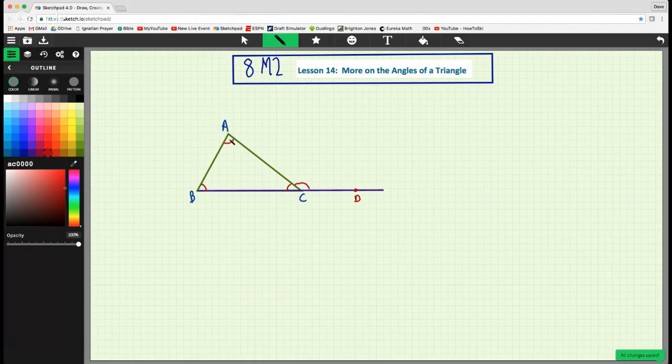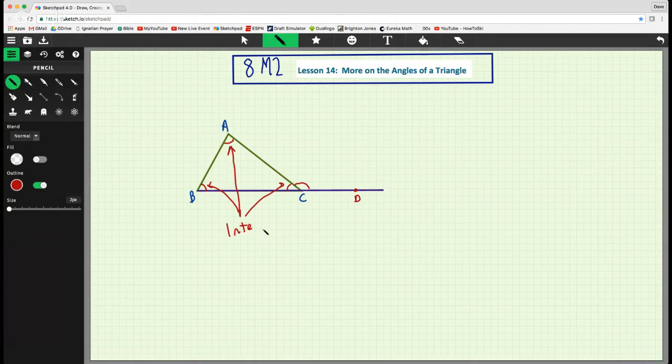And we remember from our earlier lesson that these three angles here are called interior angles, because they're inside the triangle.